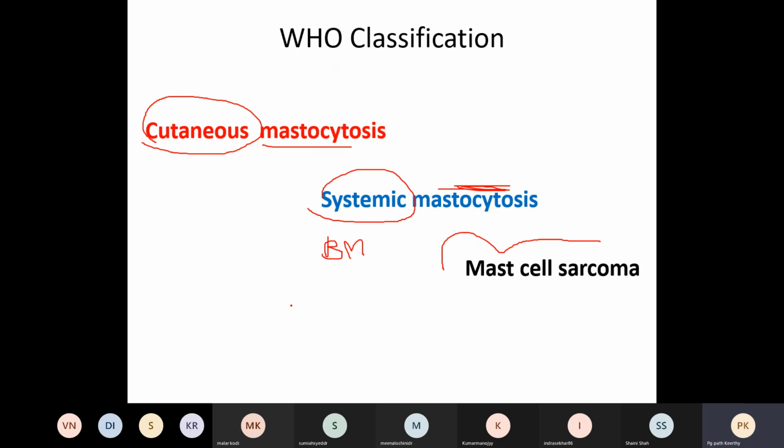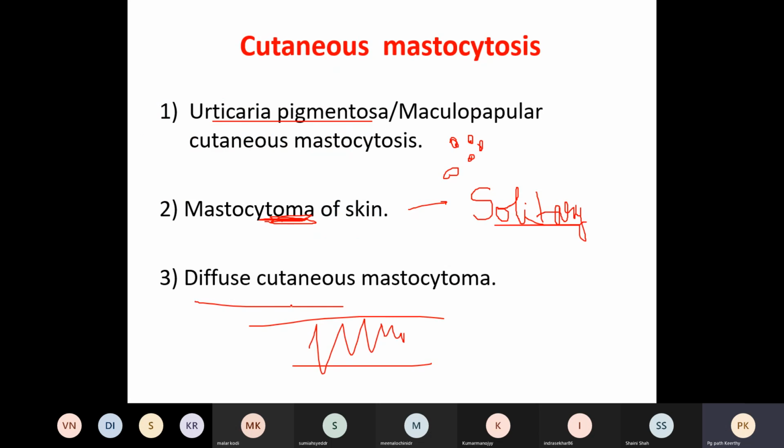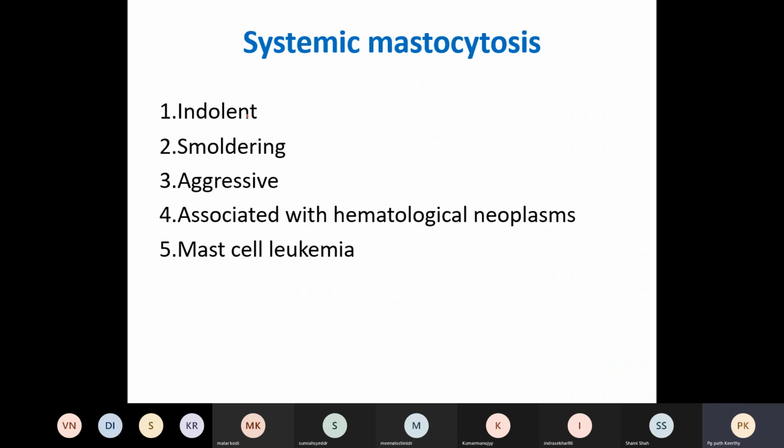It is cutaneous, systemic and mast cell sarcoma. Again our cutaneous is classified into three: urticarial or maculopapular cutaneous mastocytosis, mastocytoma of the skin, which is solitary, and next is the diffuse cutaneous mastocytosis.